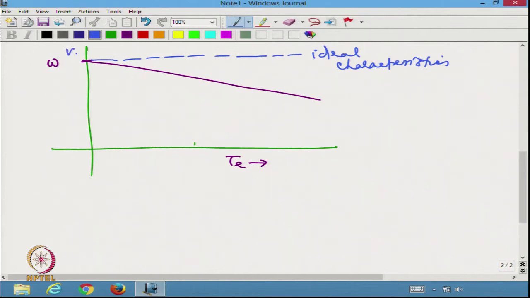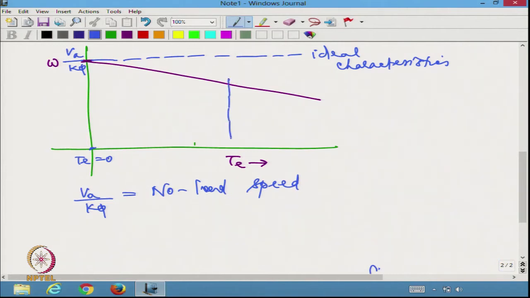I call this point VA by K phi, corresponding to torque equal to 0, the no load speed, that is the speed when torque is 0. As more current is drawn or more torque is demanded from the load side, I am going to have, at this point, so much of a drop in the speed.